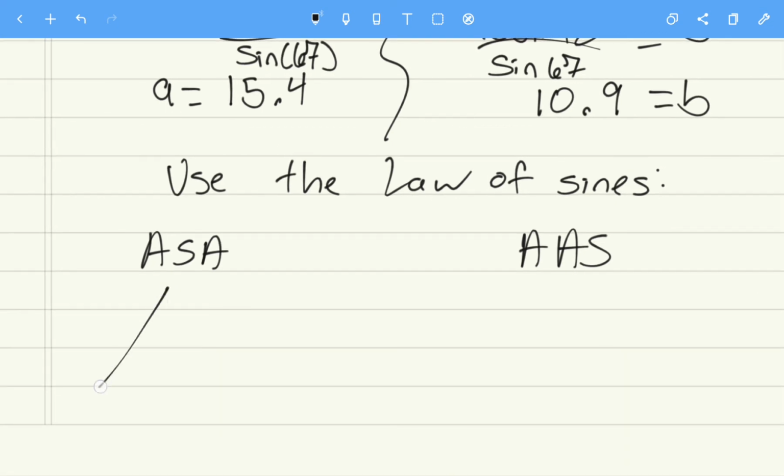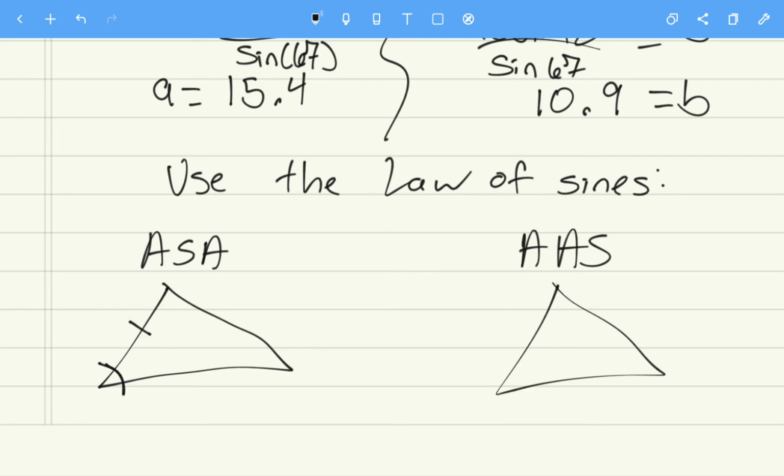But let's look real quick. Angle side angle, you'll be given an angle, a side, and another angle. And it could be any two angles but the side's in the middle. Angle angle side is where you're given a side on the outside. So those are the two cases where you're going to look for using the law of sines.